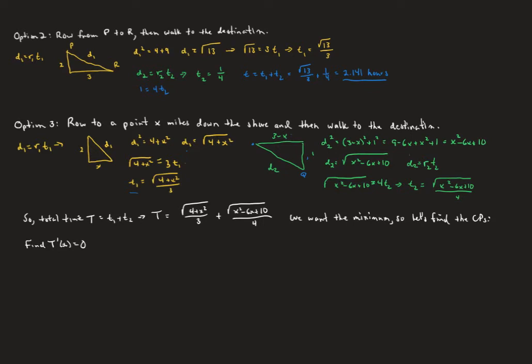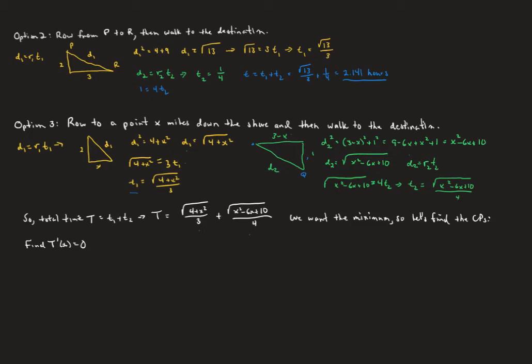So in our formula, distance equals rate times time, the rate at which we're walking is 4, so that's going to make the t2, the time it takes for the walking part of our trip, the square root of x squared minus 6x plus 10 all over 4. So that means our total time is going to be the time we spent rowing plus the time we spent walking.